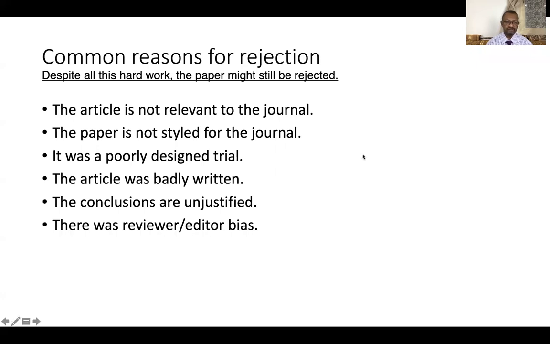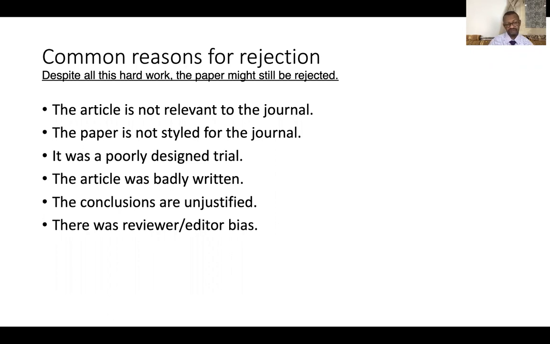So, in order to publish your article in a good journal, you should know the common reasons for rejection. Despite all this hard work, the paper may still be rejected, and the possibility of rejection is there. The article not being relevant to the journal can be a cause of rejection.